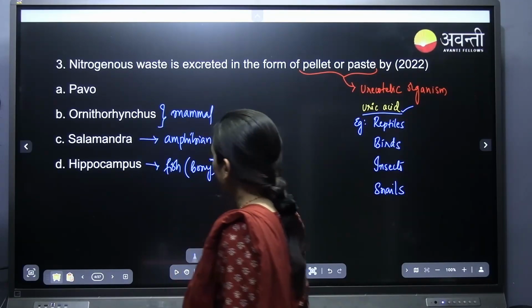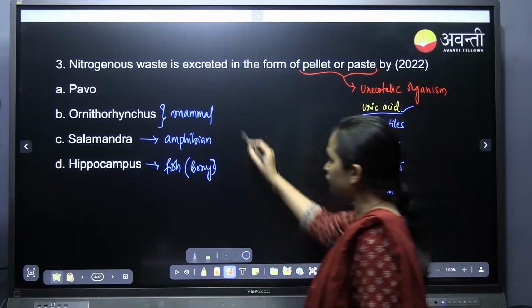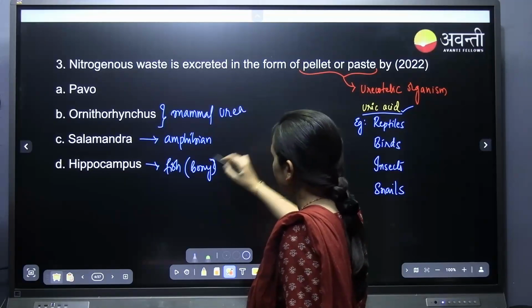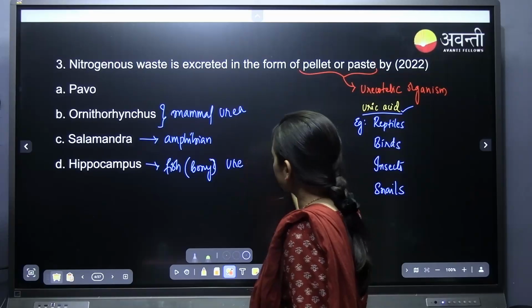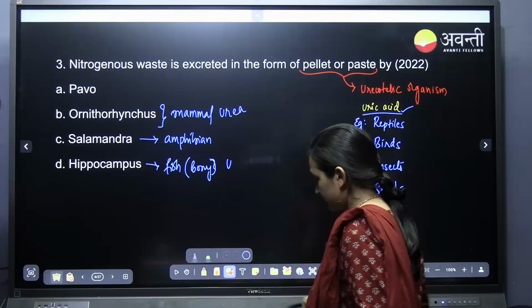So how do these excrete the nitrogenous waste? This is urea. Bony fish, bony fish is which type? Sorry.